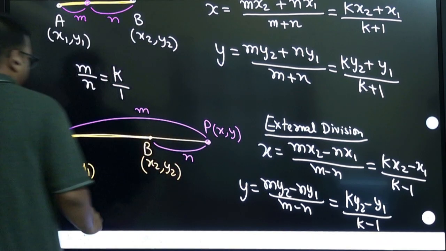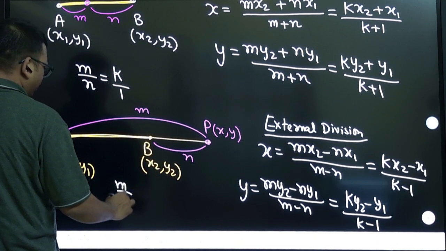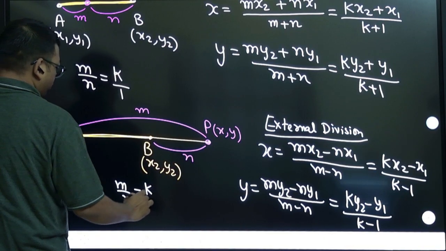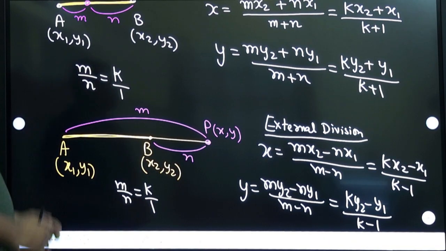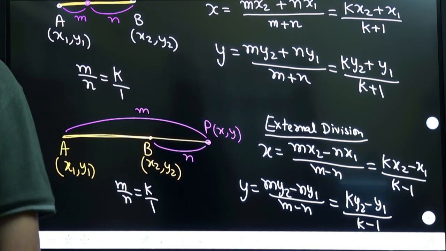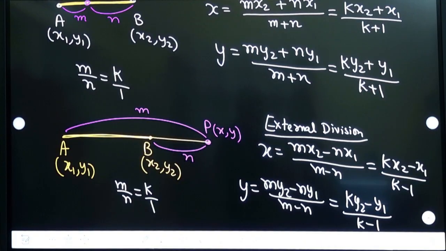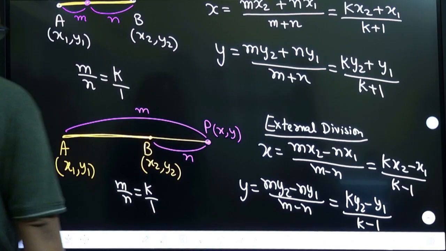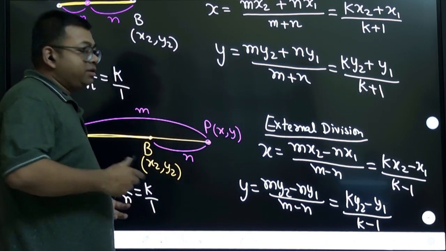What is k? This ratio m by n is called k, k is to 1. So this is a way of dividing the line AB internally and externally. That's a very simple formula.